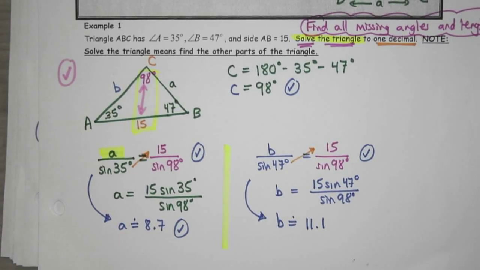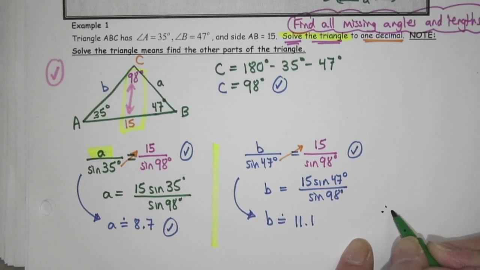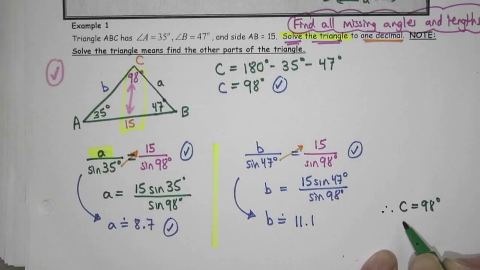11.1. Okay. I want you for these questions to summarize everything you found. I know that they're right here, and look how beautifully organized it is. I still want you to do one little summary sentence, just very quickly. So you're going to say, therefore, C equals 98, A equals 8.7, and B equals 11.1.